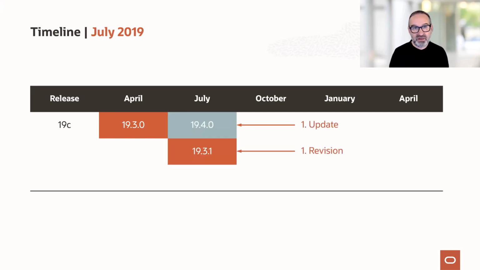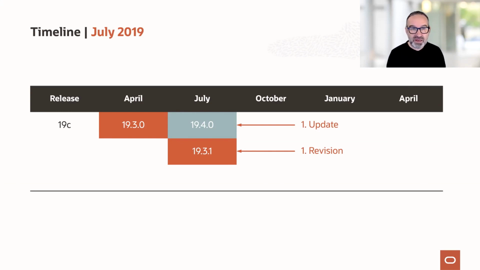And 3 months later, when the next quarterly patches happen, always in January, April, July, and October, always on the Tuesday closest to the middle of the month. So typically it's a date between 15 and 20 in January, April, July, and October.